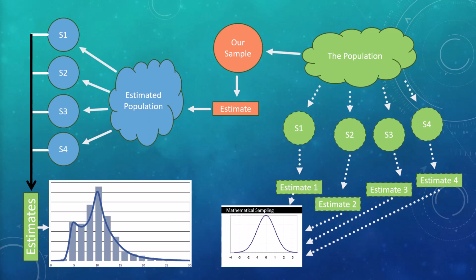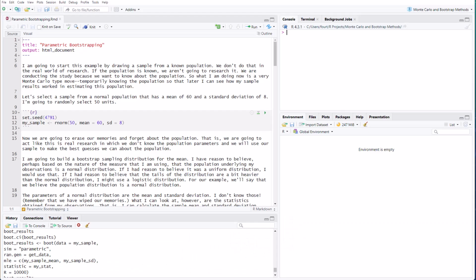We calculate the estimates of those and then look at the sampling distribution that's been empirically derived. So let's go ahead now and call up an R notebook and take a look at the parametric bootstrapping example.